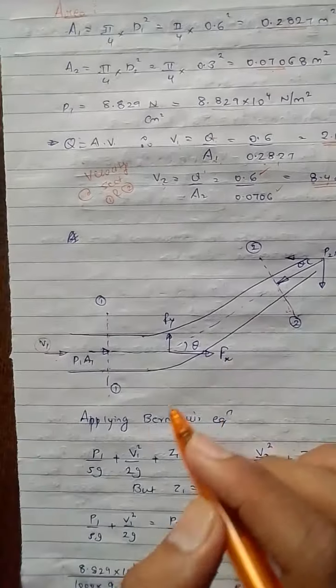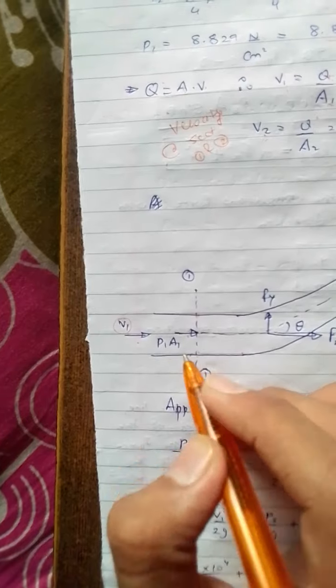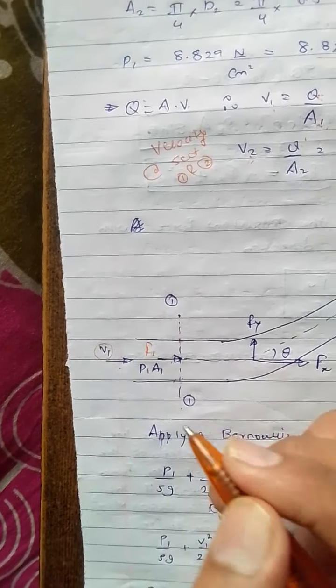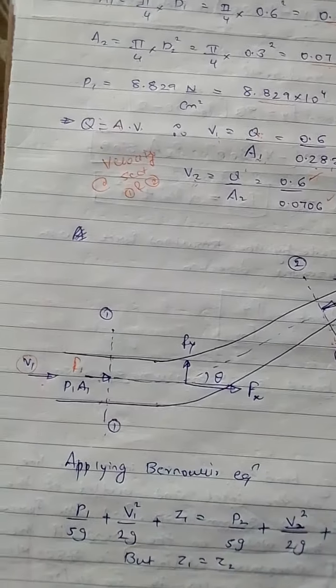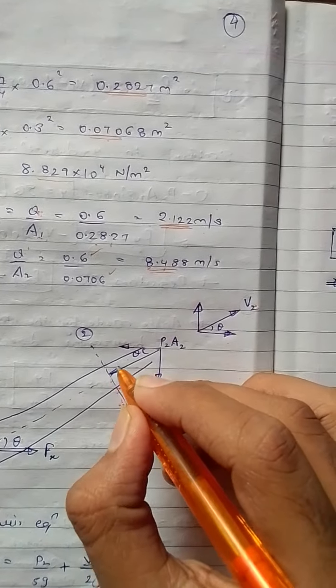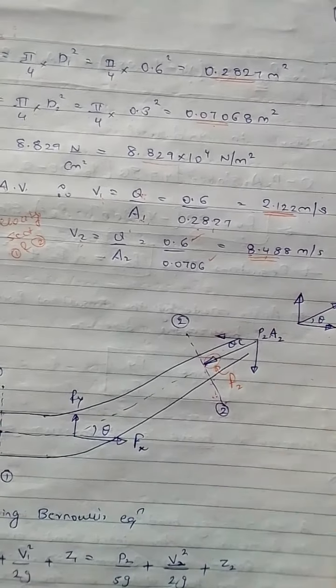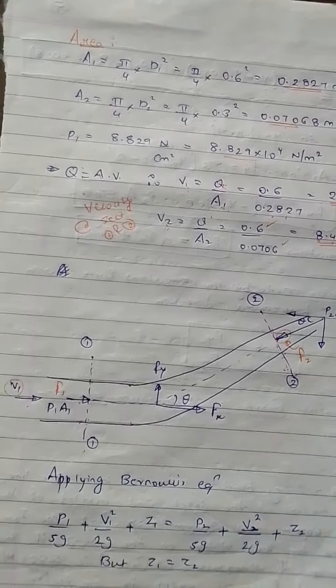And this arrow nearer to the section is F1. F1 stands for the force at section 1, and similarly this arrow is F2, the force at section 2.